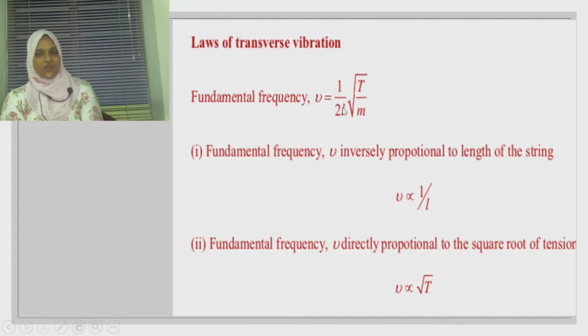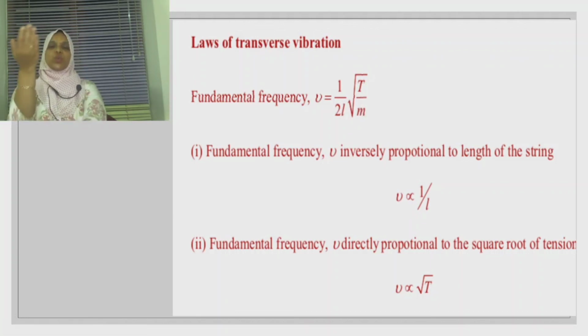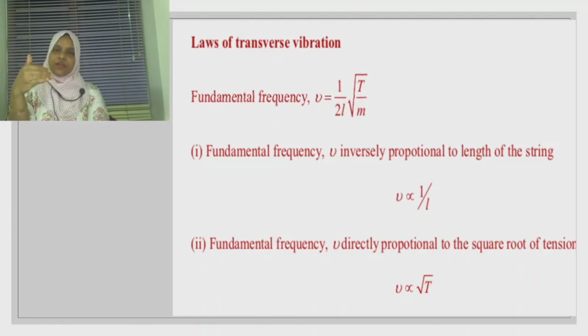If T and L are kept constant, then nu will be directly proportional to 1 by root of m, or nu will be inversely proportional to root of m. That is, the fundamental frequency of vibration nu will be inversely proportional to the square root of the mass. That is the third law of vibration. So these are the three laws of vibration.